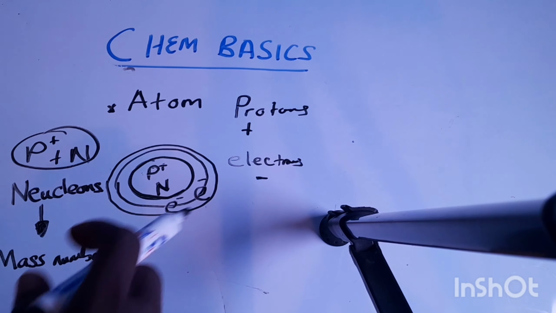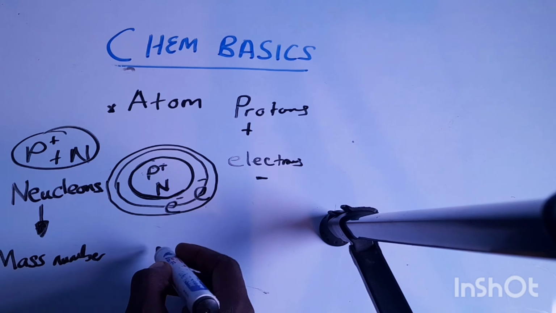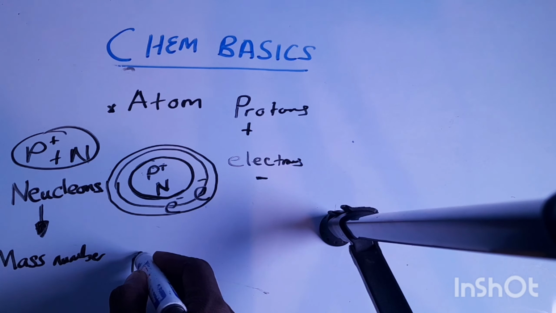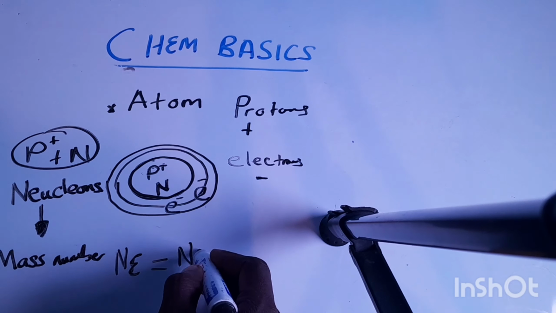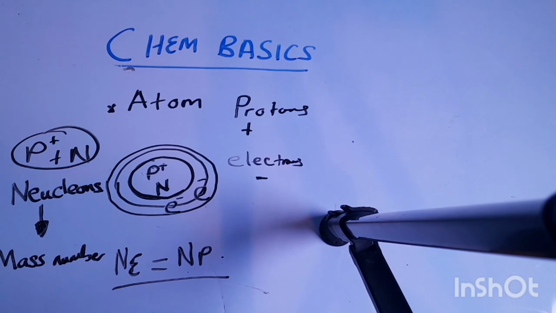As well, the number of electrons is equal to the number of protons in any atom. Any atom has the same number of electrons as protons, right? This number is what we call the atomic number.